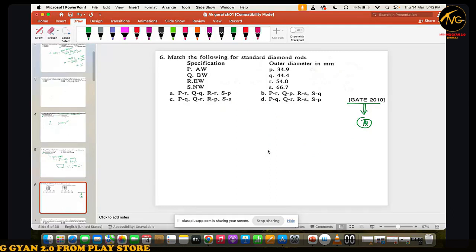Vishal, which type of book are you following? I have discussed in the slide also that diamond drilling has more depth than any other method. Please comment. Answer of 6. GATE 2010, this question has been asked.